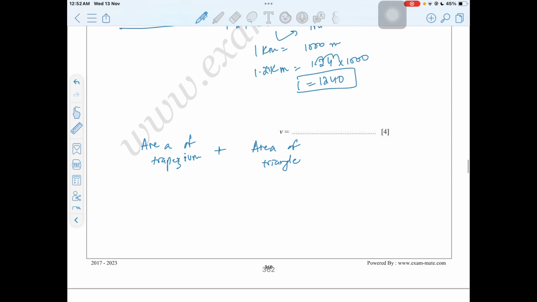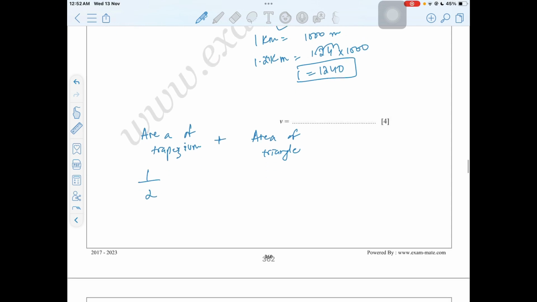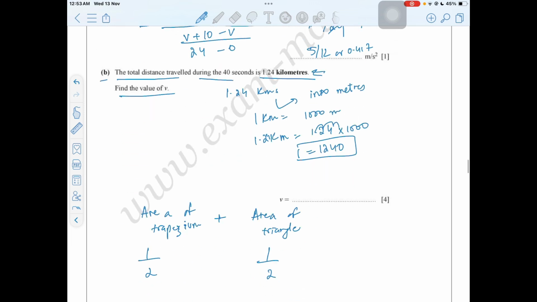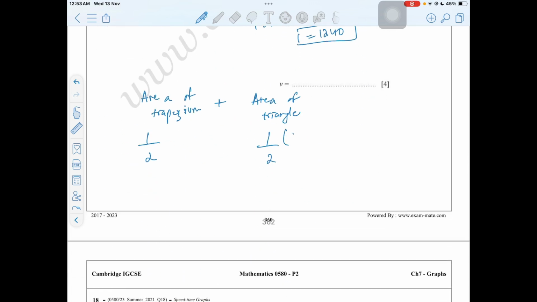So for the area of the triangle, we have 1 over 2, and this would be the base, 40 minus 24 is 16, and this is the height, so this would be v plus 10. This is equal to 1240.